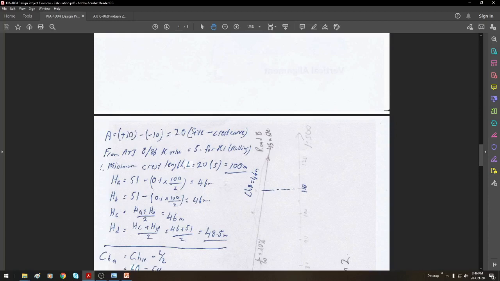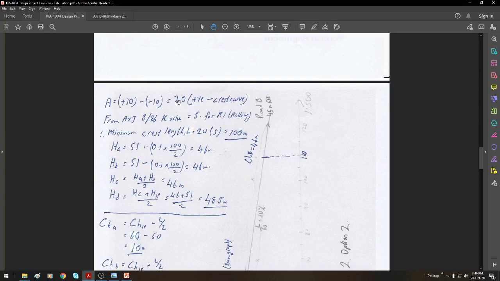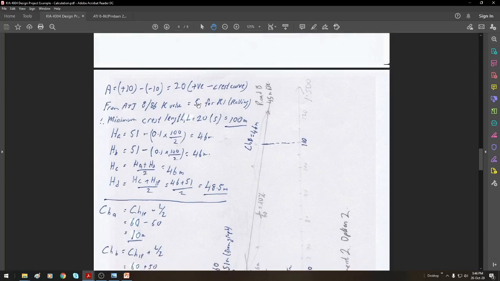It is positive, so it indicates that our curve is a crest curve. If our curve is a sag curve, this value is going to be negative. So the K value from JKR is 5, from the table.